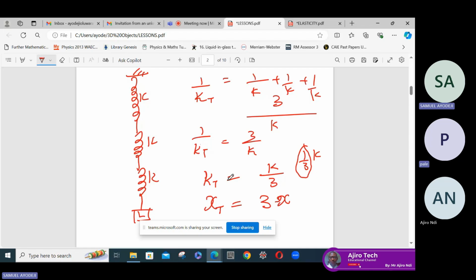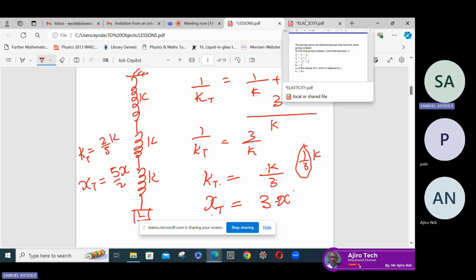Once you calculate K total, calculating x total is very simple: find the inverse, then change it to x. Assuming K total gives you 2 over 5K, what should x total be? It is 5 over 2x.